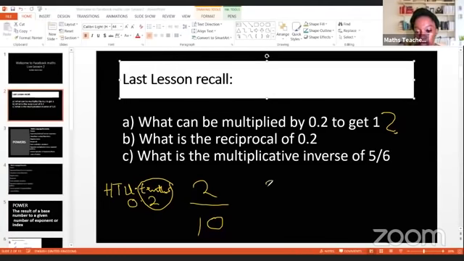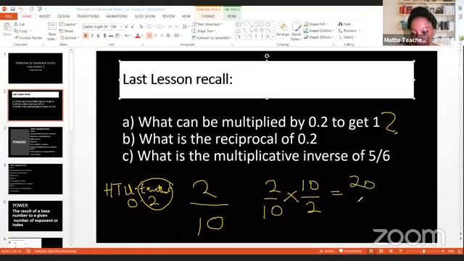So we know that if we turn this upside down and multiply, how do you multiply fractions? You multiply the top and you multiply the bottom, remember? I call it bottom, but it should be denominator. And so you have 2 times 10, which is 20, and 10 times 2, which is 20.